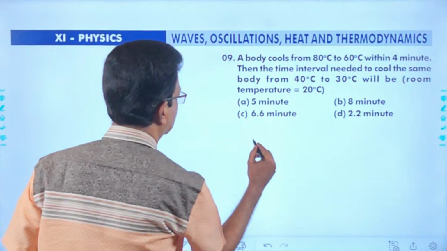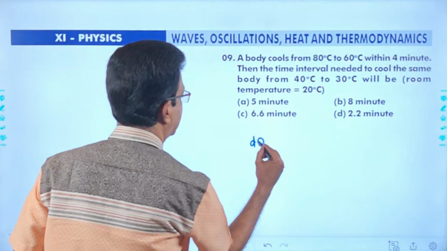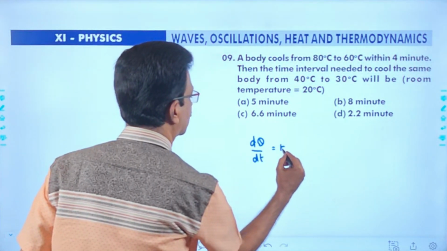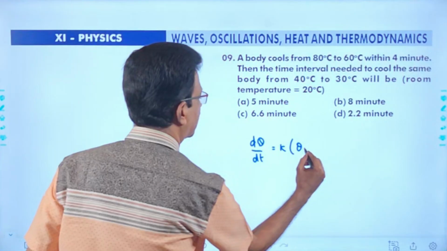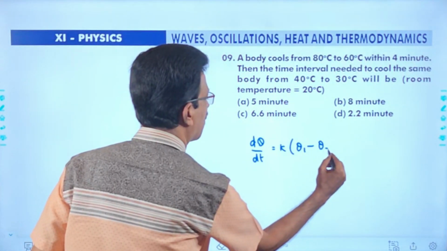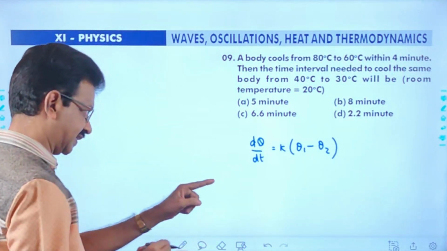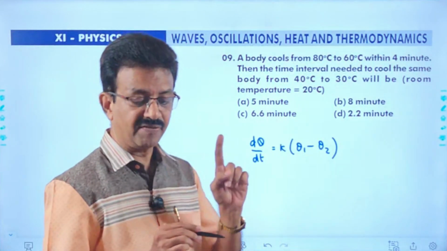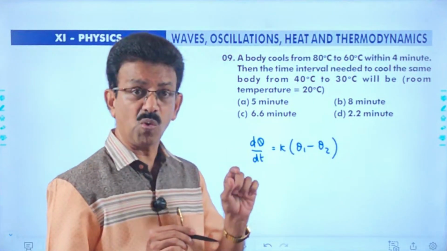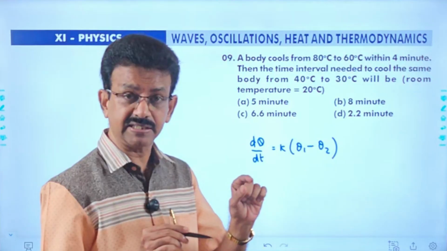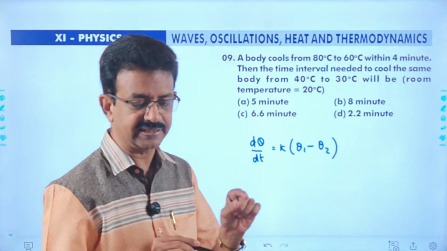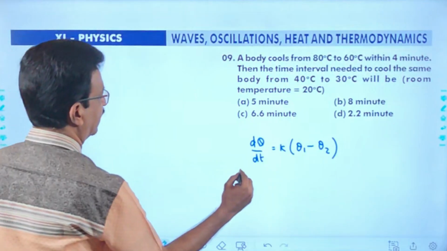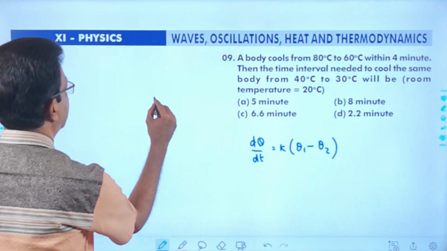The rate of loss of heat with time is proportional to the excess of temperature between the body and the surroundings for small excess of temperature. In the first given data, it cools from 80 to 60 degrees Celsius within 4 minutes. Then the expression becomes d theta by dt.